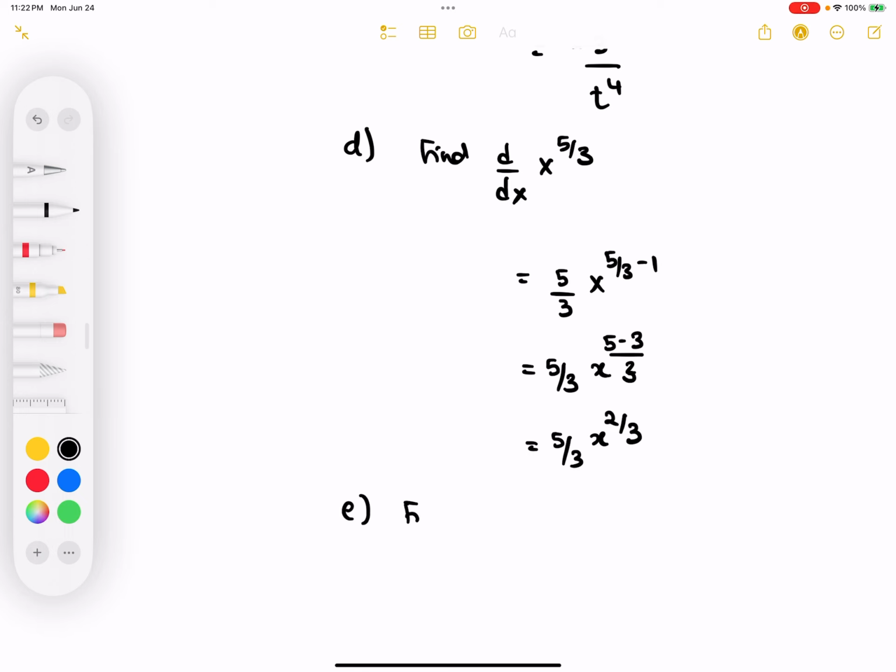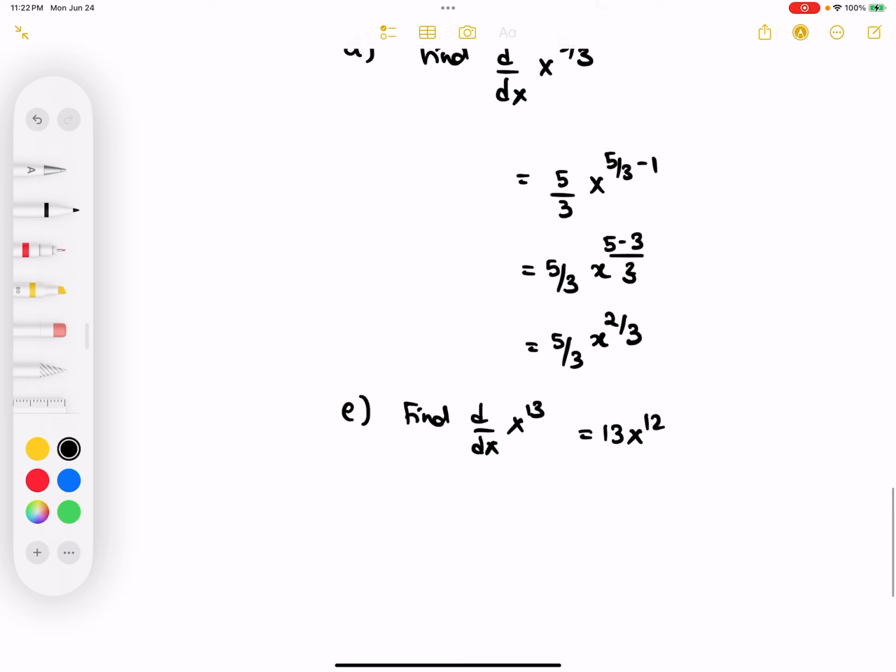For example, find d by dx of x to the 13. This is 13 x to the 12. Right? You can add more power rule examples. Let's say find f prime of x for f of x is equal to 8x to the negative 4.